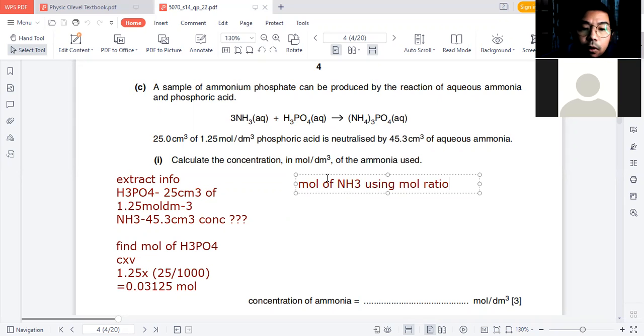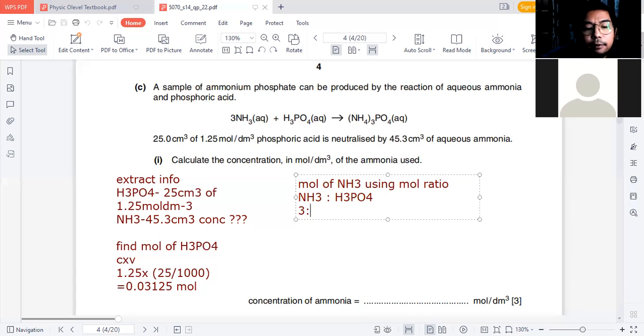We look at the mole ratio, NH3 to phosphoric acid, H3PO4. That would be 3:1.